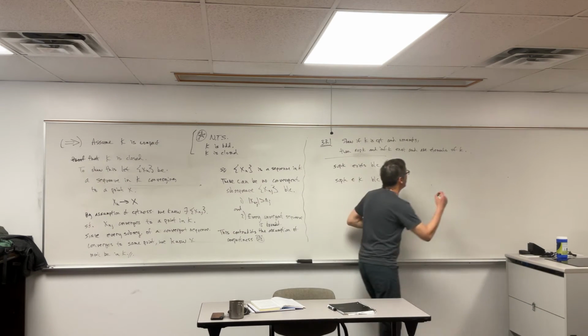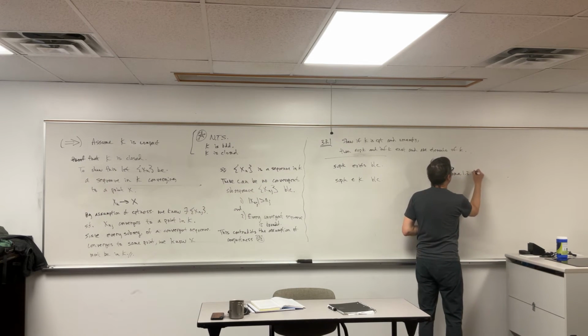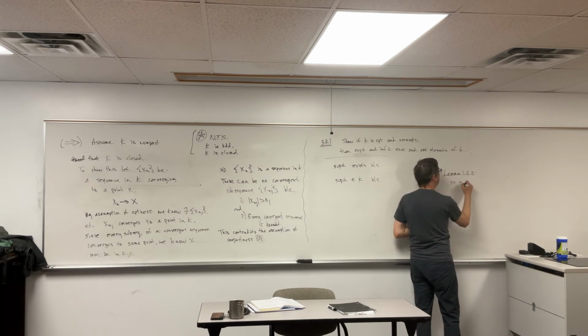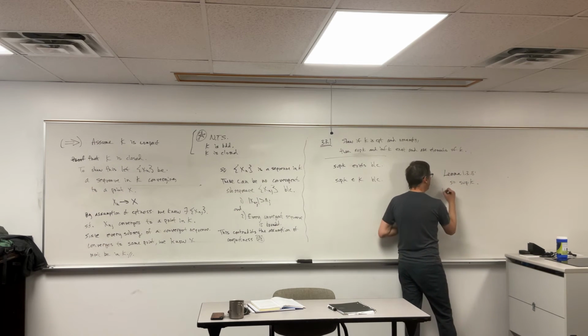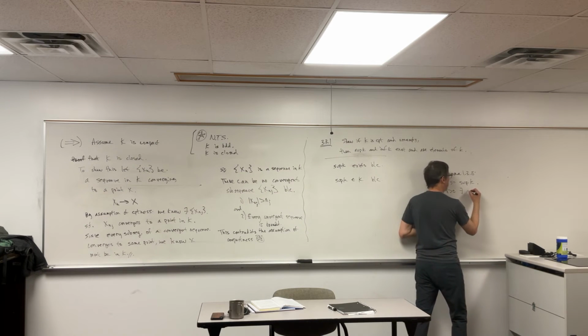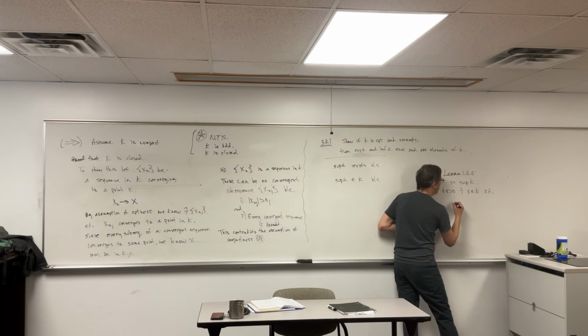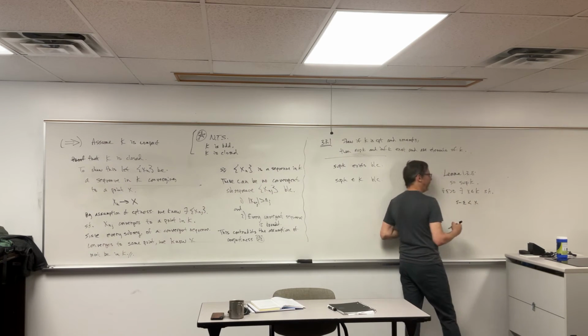So let's pull that up here. Lemma 138 says that if S equals sup of K, let's put everything in terms of K, then for all epsilon greater than 0, there exists some x in K such that S minus epsilon is less than x.